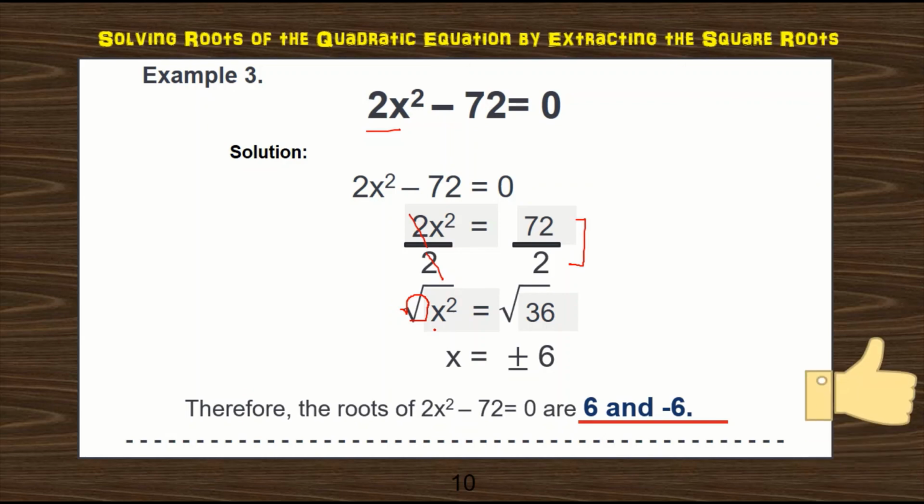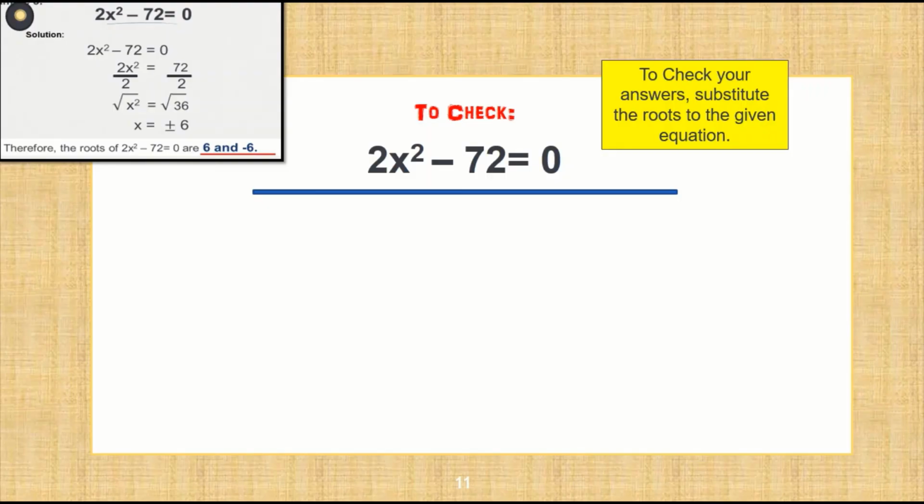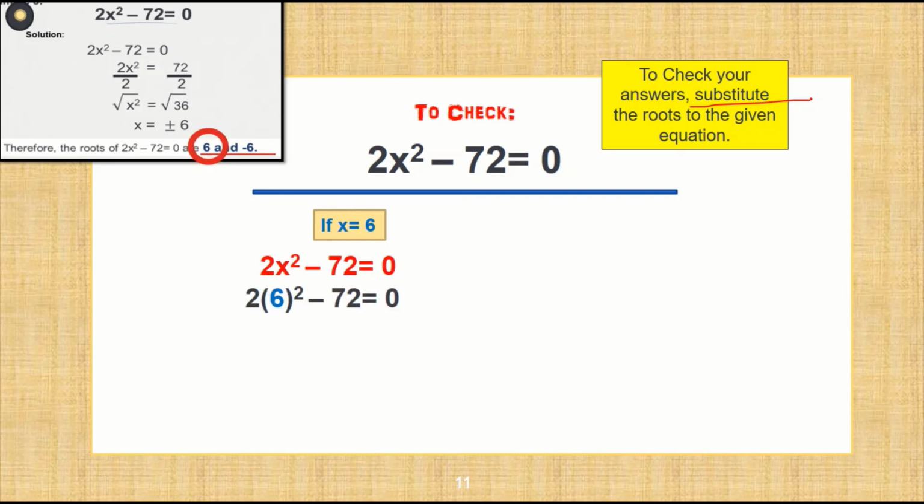Okay? Sana naintindihan. And to check for our answers, kung tama ba ang nakuha natin is, again, we are going to use what we call the substitution. Okay? So, if x is equal to 6, so ganun ulit, substitution, copy the given, and then substitute the first root that we obtained earlier, which is positive 6, ay multiply mo siya to itself. 6 squared, we have 36.